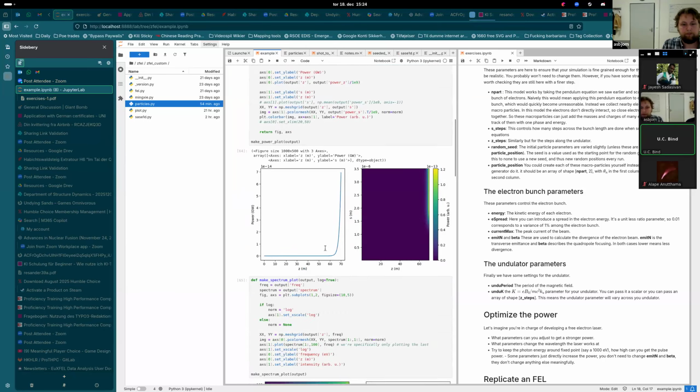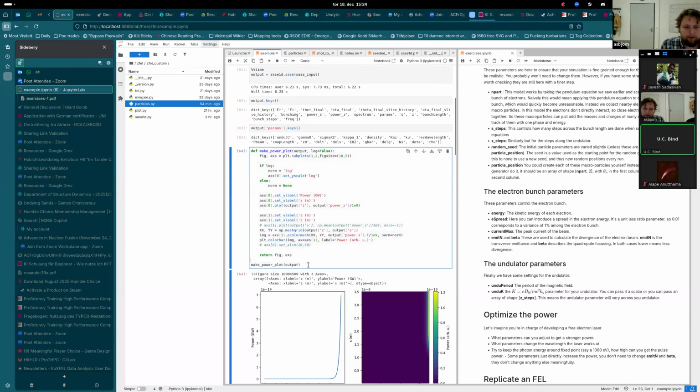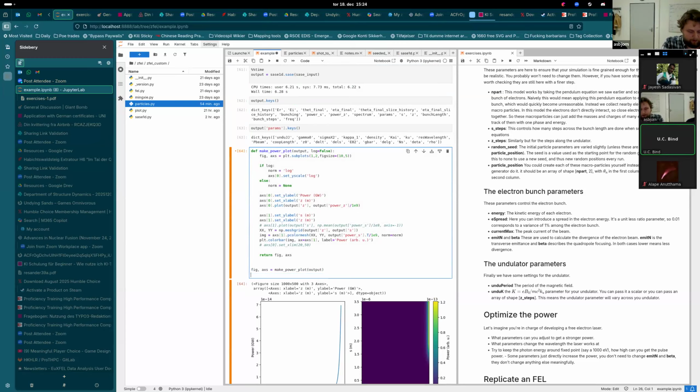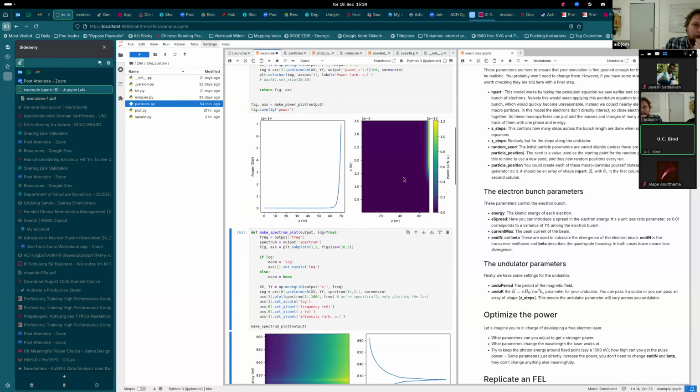The simplest way, if you have a figure like this, is to have a handle for the figure, and then call figure.save, then give it a name, like "my power", any name whatsoever, and run this.